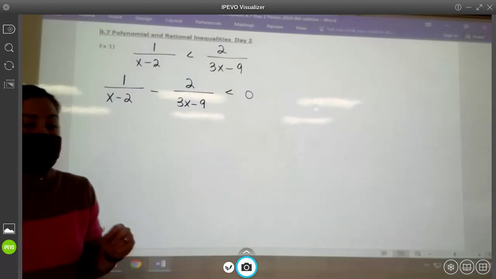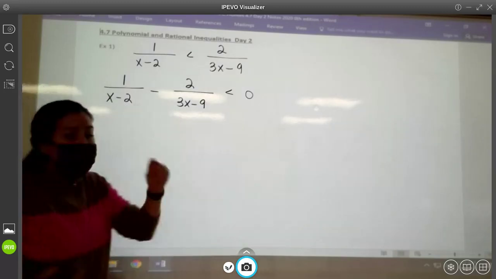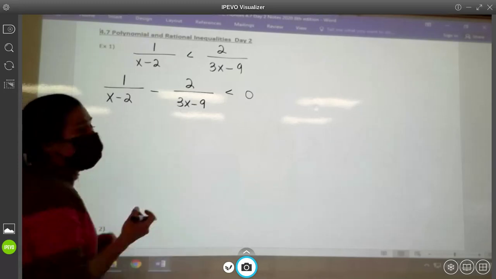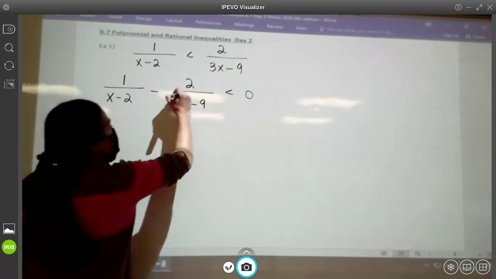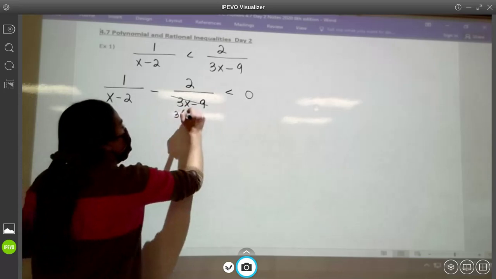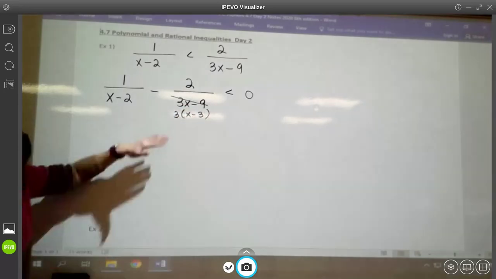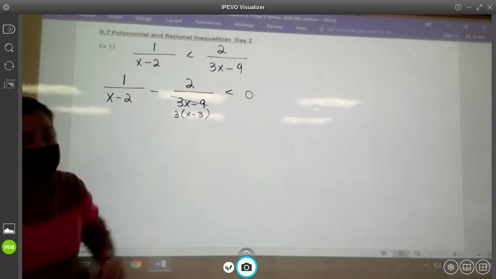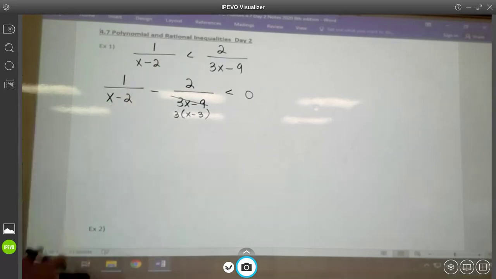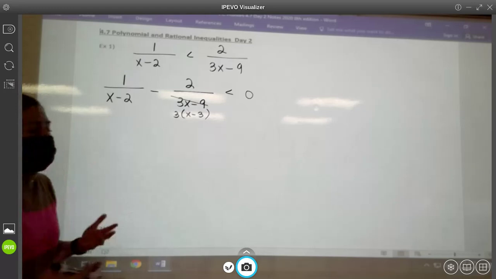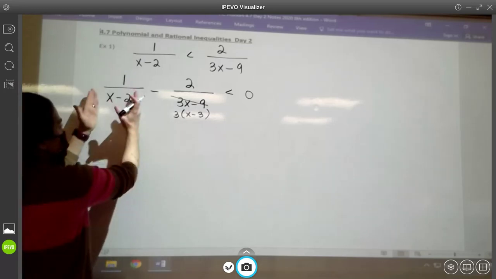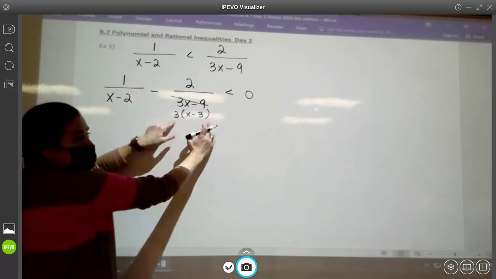However, it's easier to find a common denominator when the denominators are in factored form. So I'm going to factor this really quickly. Just pull out the GCF of 3. So really, it's 2 over 3 times x minus 3. All right, so now let's get a common denominator. What does this denominator need factors of to look like this denominator?